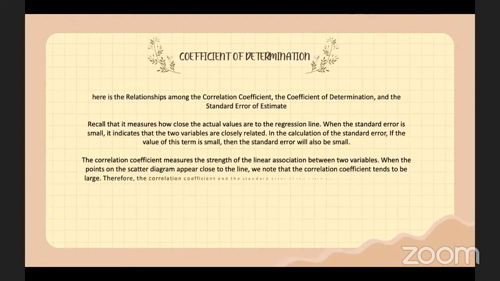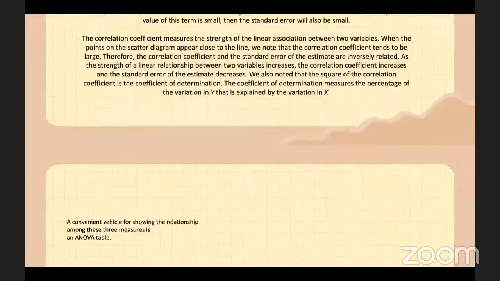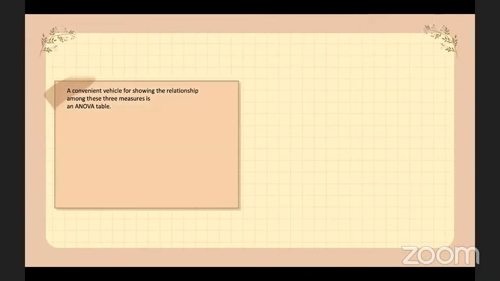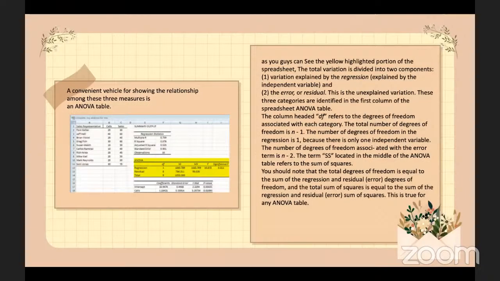Here is the relationship among the correlation coefficient, coefficient of determination, and the standard error of estimate. A convenient vehicle for showing the relationship among these three measures is an ANOVA table.